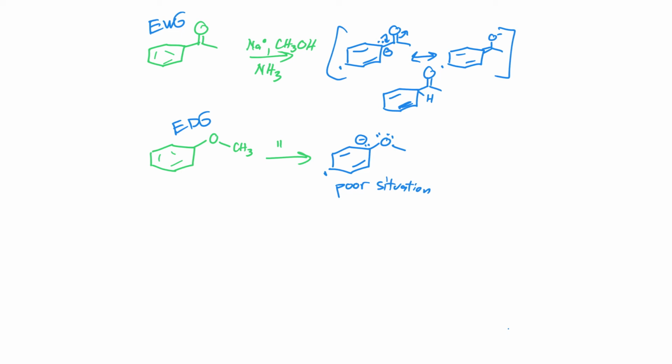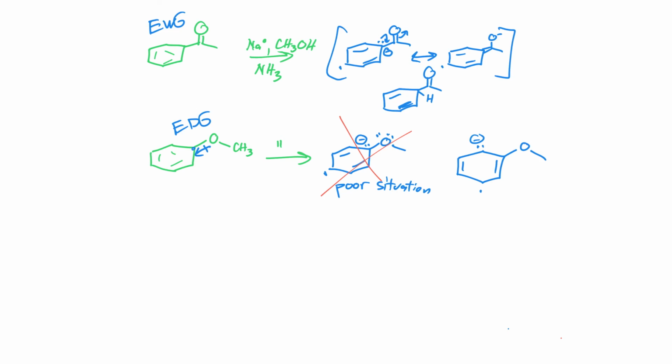Not to mention that electron donating groups tend to be pushing electrons away from them into the ring here. So this carbon here is already pretty electron rich, and so adding more electrons to it is probably not the best situation. So I'm going to cross this off in red, and we're going to draw the other option, this option, where the electron donating group is not connected to that carbon that bears the anion.